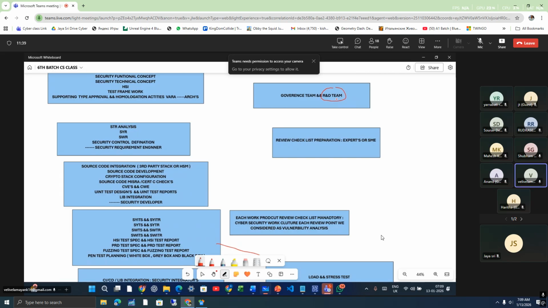These guys' main focus is all based on ISO 21434 and UNECE regulations. So they will define all the process related work products and process related documents as well: how your process looks like, how many assessments, for each assessment what work products you need to assess, what level of depth you need to assess.